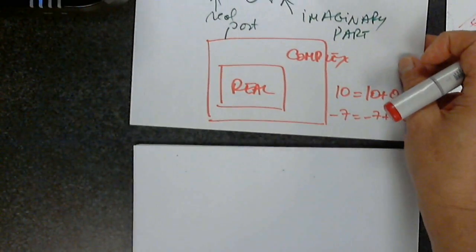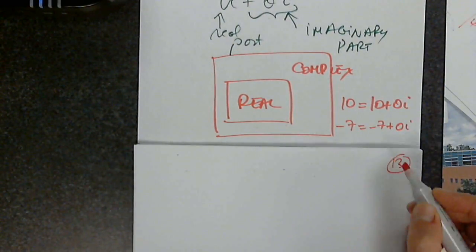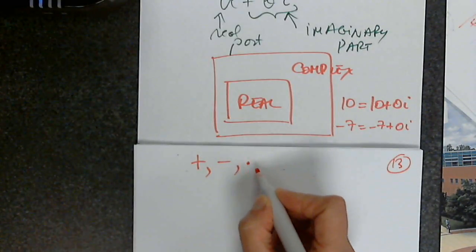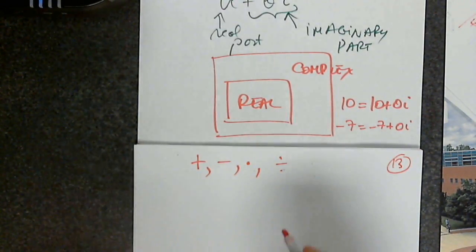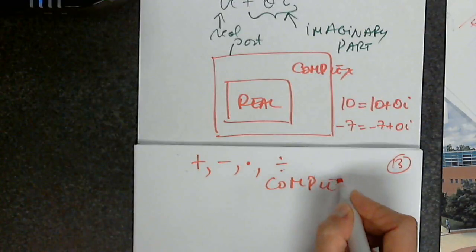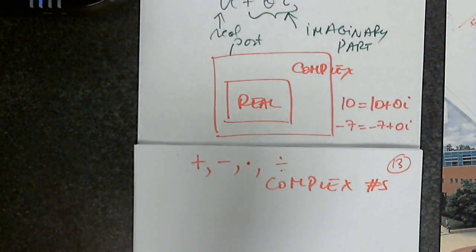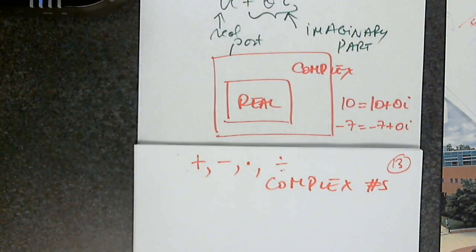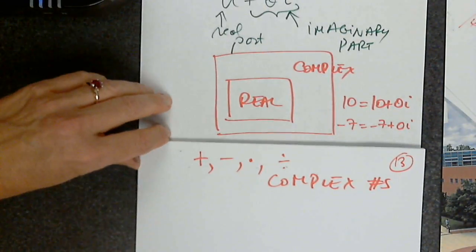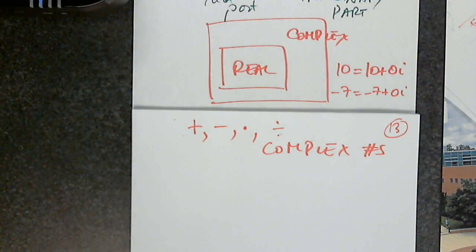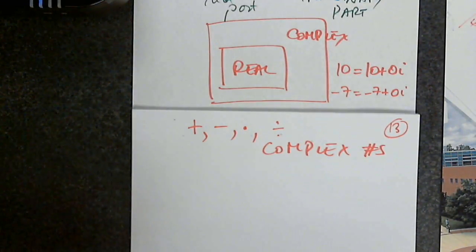Now, how do I add, subtract, multiply, and divide complex numbers? I know I have 5 minutes left, so we'll stop. We don't have to finish complex numbers today. We need 10 more minutes on Thursday.